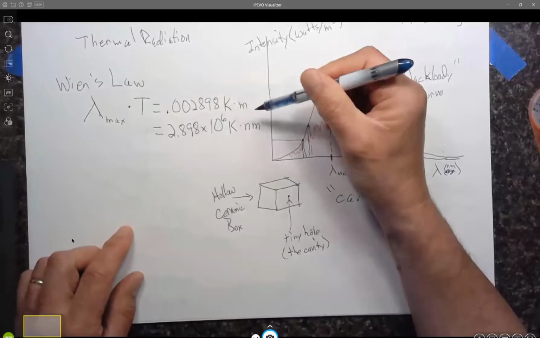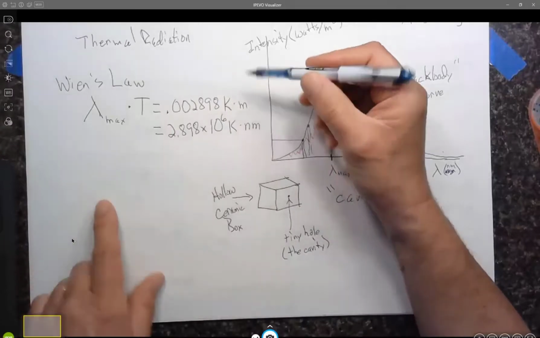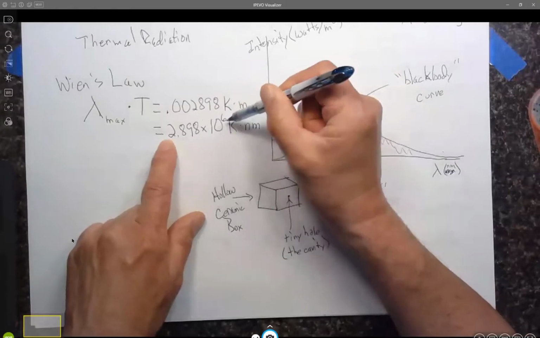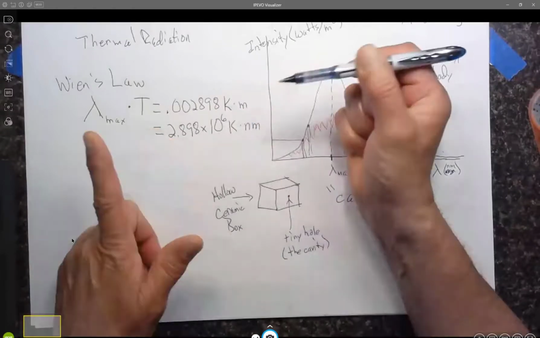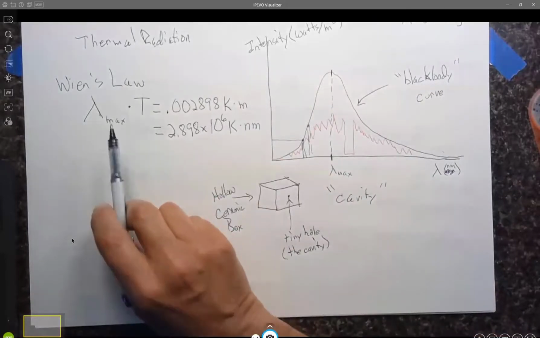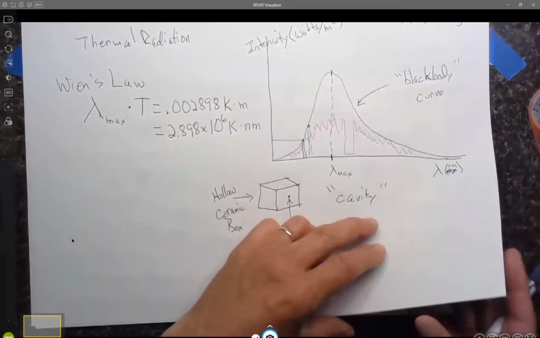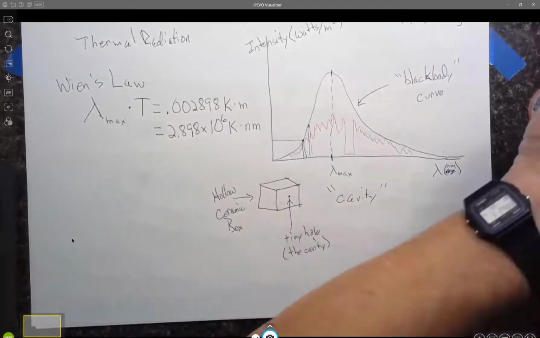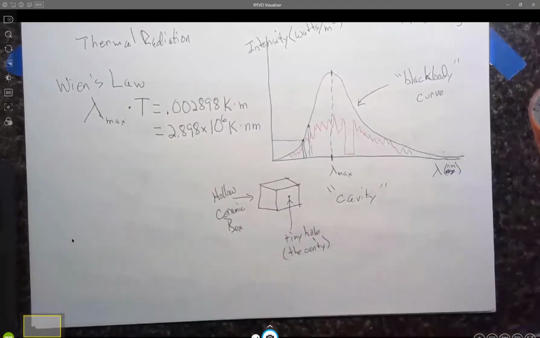All I did was change the units of measurement for the wavelength from meters to nanometers, and the number changed by magnitude, but that's the way it works. Okay, so that's Wien's Law, although you'll probably hear me pronounce it different ways, so I'll try not to worry about that too much.